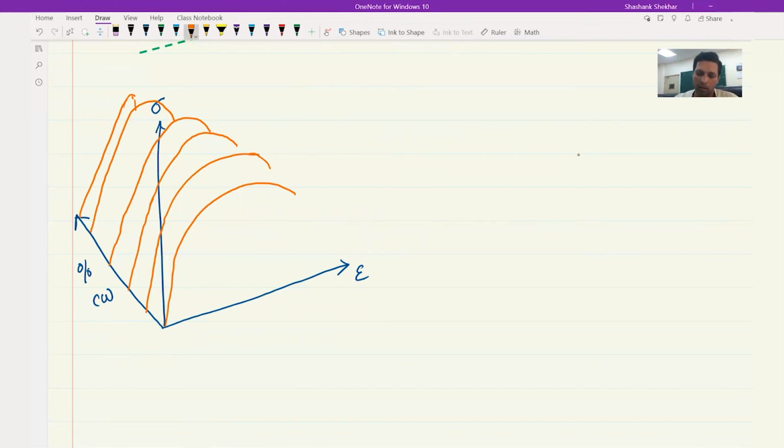So this is how the yield strength would increase. So if I were to mark the yield strength, probably the yield strength is increasing like this. And at the same time, ductility is decreasing.